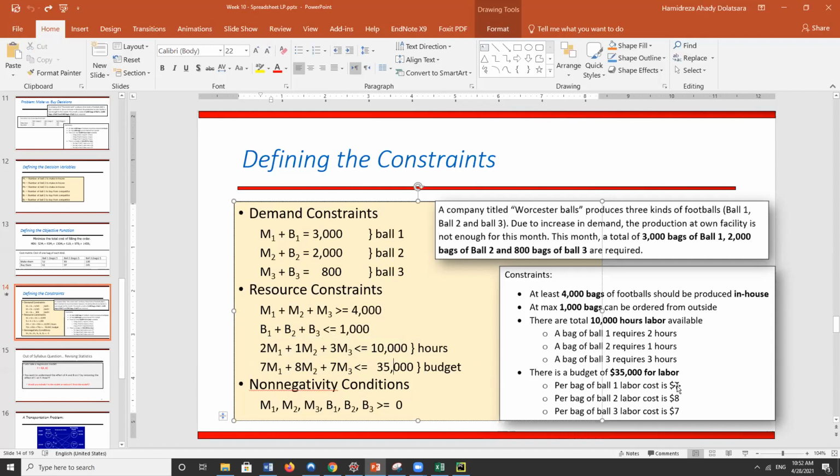For the budget, we have the cost of making them: 7, 8, 7 for balls 1, 2, and 3. Based on our policy, or our budget, we don't have more than 35,000. This is our budget constraint. And for the non-negativity condition, all of them should be at least 0. If M1 is 0, it means I don't make any M1, so for ball type 1 I purchase all my demand from somewhere.